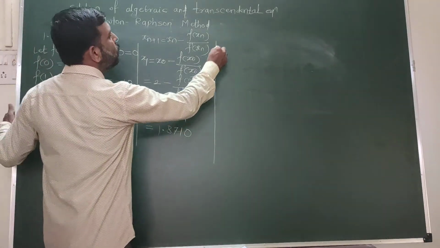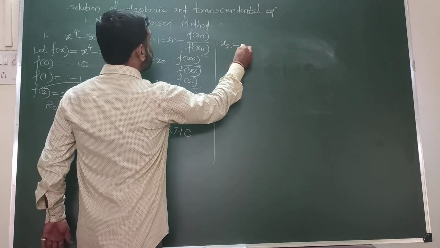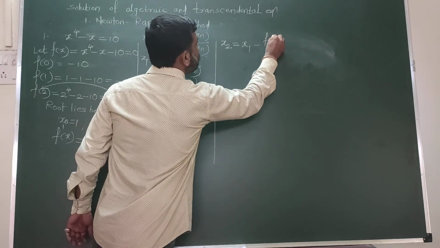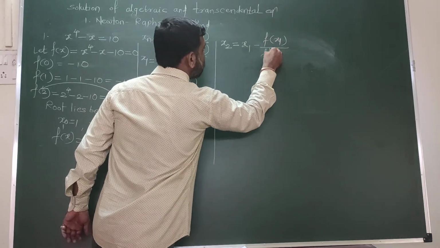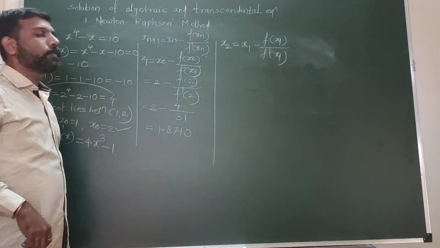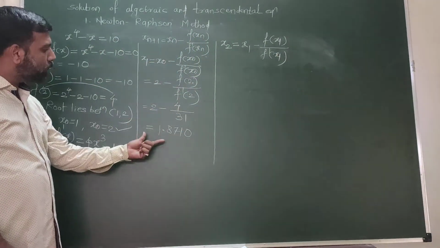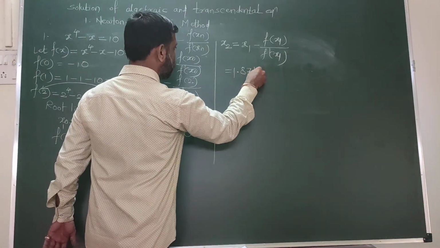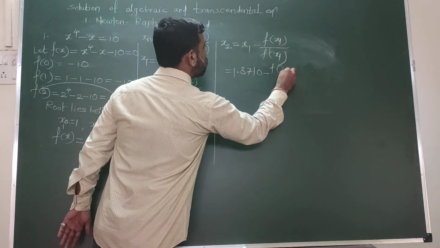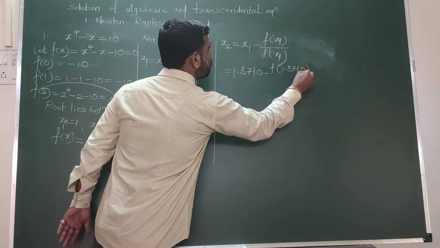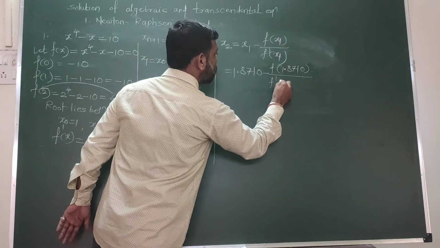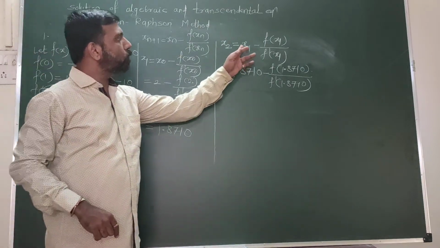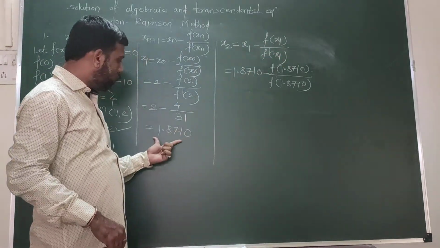Now we'll continue the same procedure for the second approximation. x2 equals, substitute n equals 1, so this becomes the formula. Again in that, we substitute the previous value x1. At each step we substitute only the value which we have calculated already.